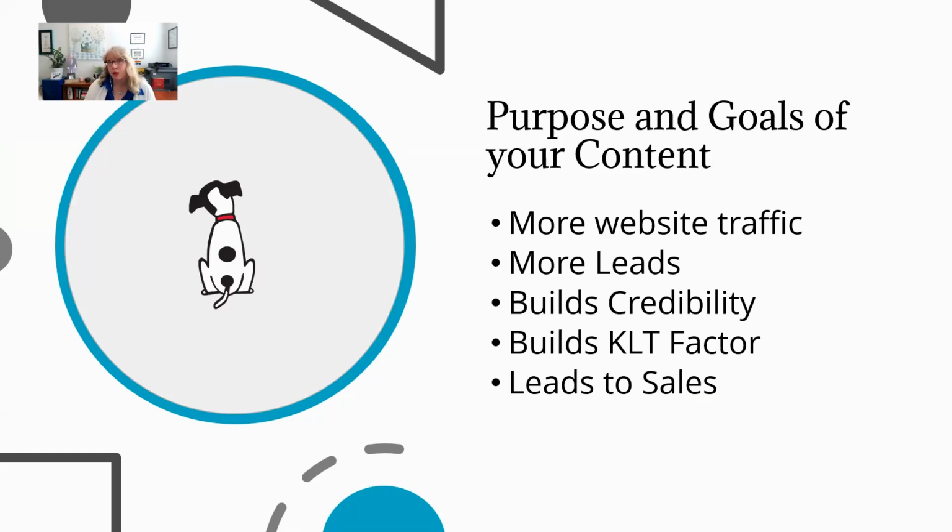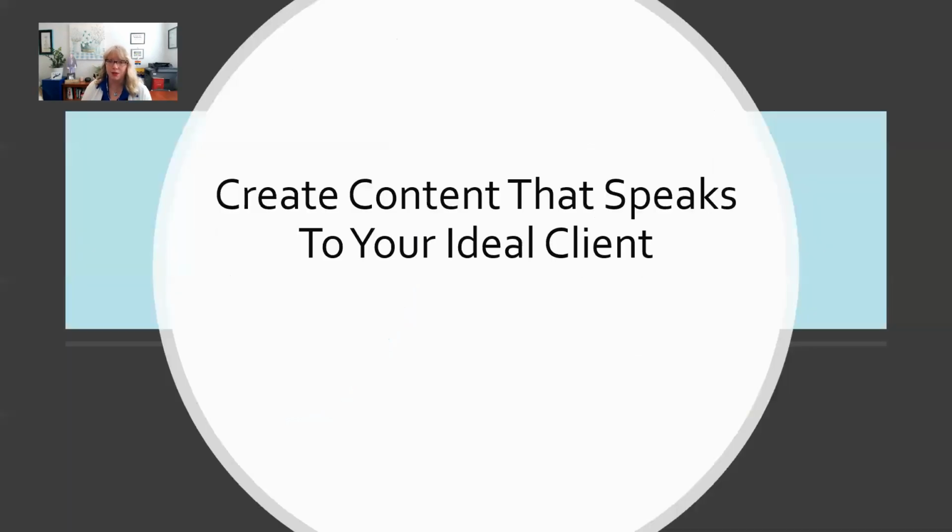And a lot of times when I do assessments, I will find someone is either all sales or no sales, or they're all persona and nothing else. So planning and taking the time to have a goal to the kind of content that you're creating will help you waste less time, get it done in less time as well, and have it achieve some of those goals that you've set for it. The other thing that you need in creating effective content is it has to speak to your ideal client.